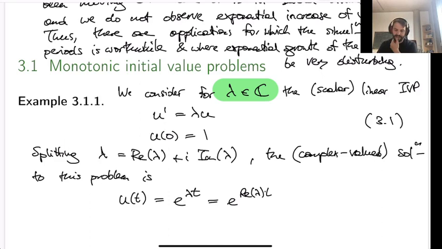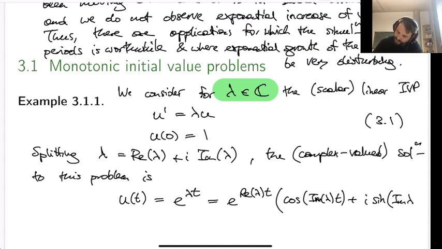This is a generally exponentially growing or decreasing function times an oscillatory function, cos of the imaginary part of lambda t plus i sine of the imaginary part of lambda t.